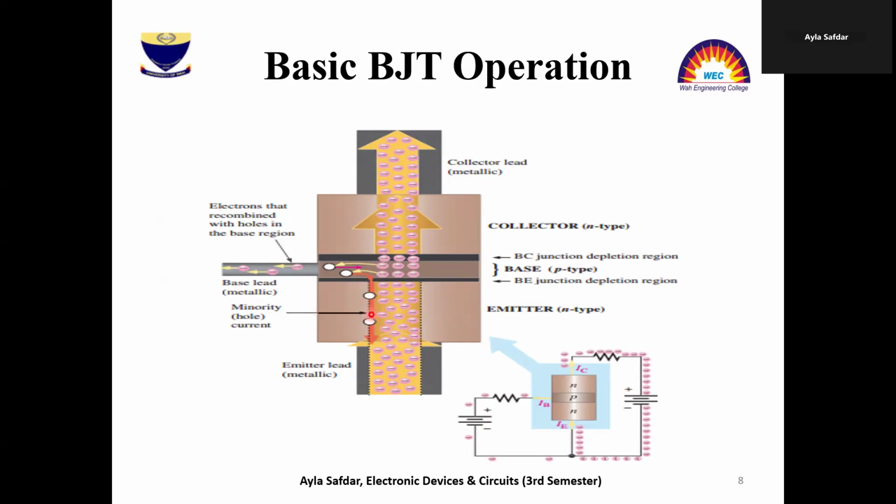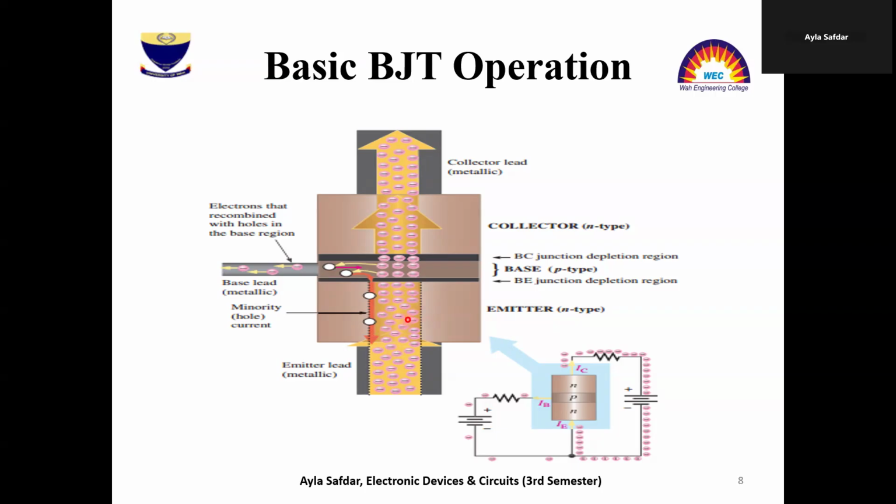In this architecture, this is the emitter region. In the emitter region, we have N type, so the majority carriers are electrons, while the minority carriers are holes. The holes are represented by this white hole, while the electrons, which are the majority carriers here, are represented by these signs.